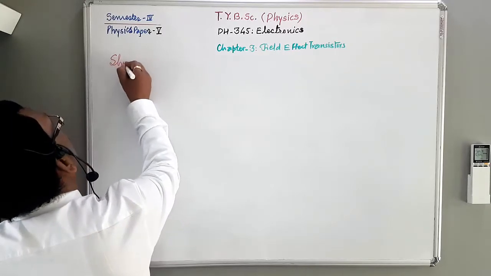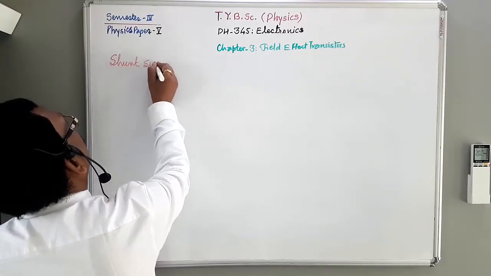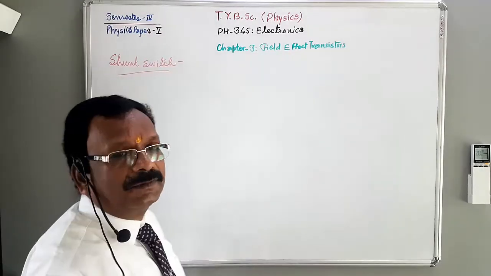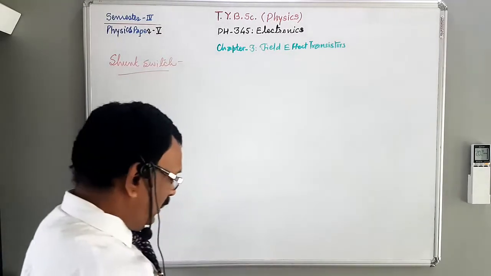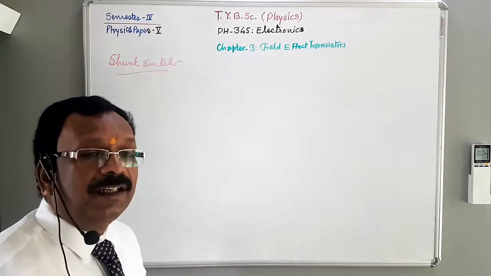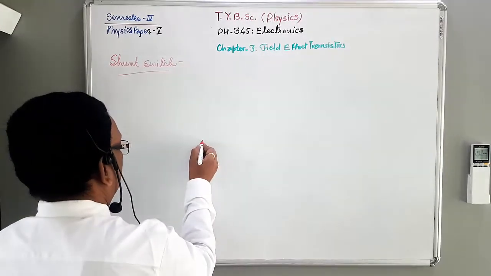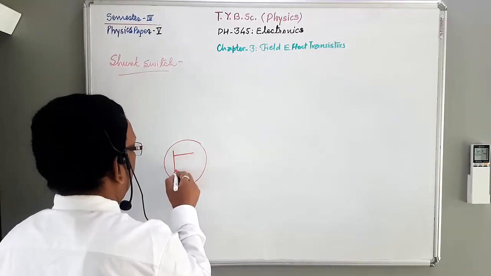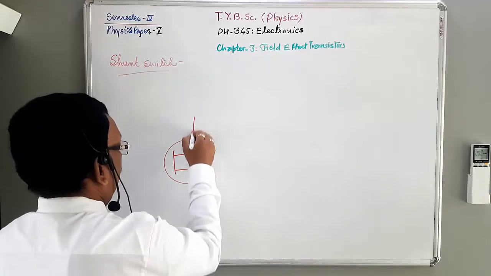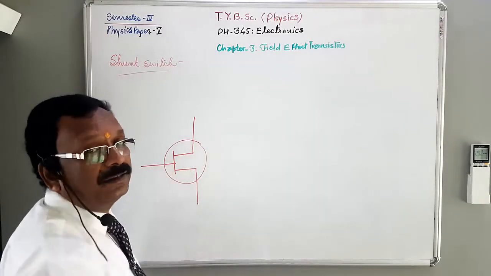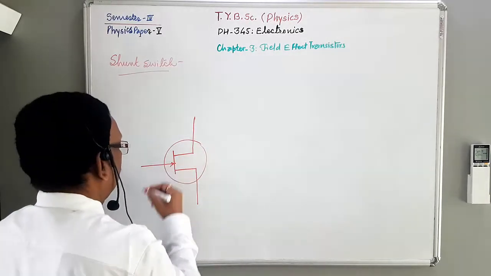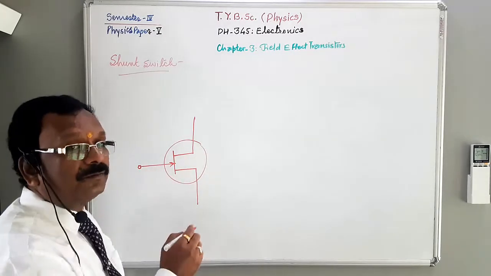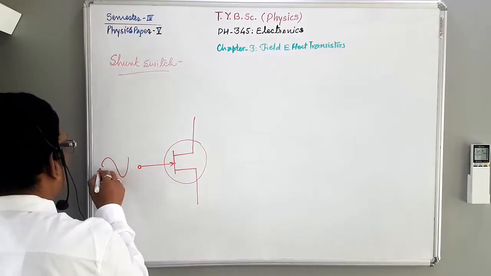Shunt switch. Here, a very interesting diagram is there. This is the N channel FET, and this is the signal.